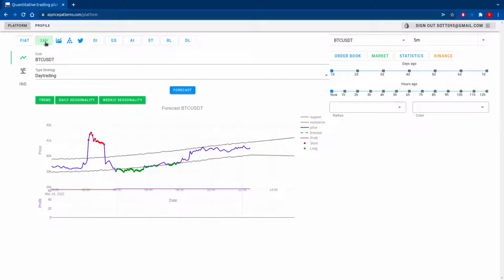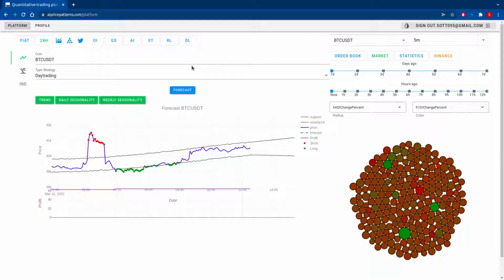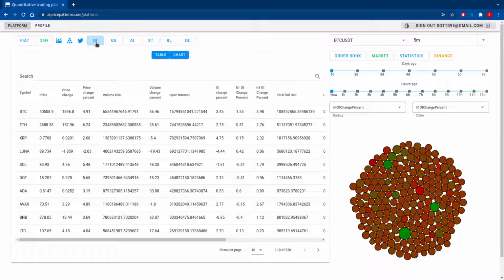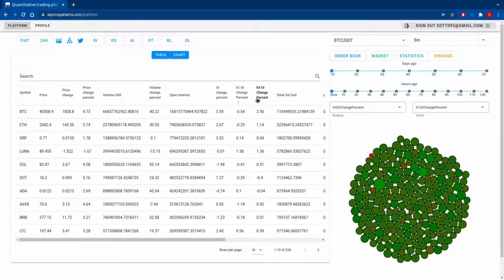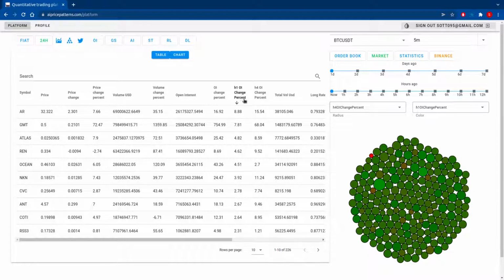For this, I'm trying to understand behavior on another coin. For example, you could open interest and sort this value by percent change of open interest. It's a very interesting situation. Here the time is GMT plus 3 because I live in Ukraine, and you see we have a change percent of open interest of less than 10%.